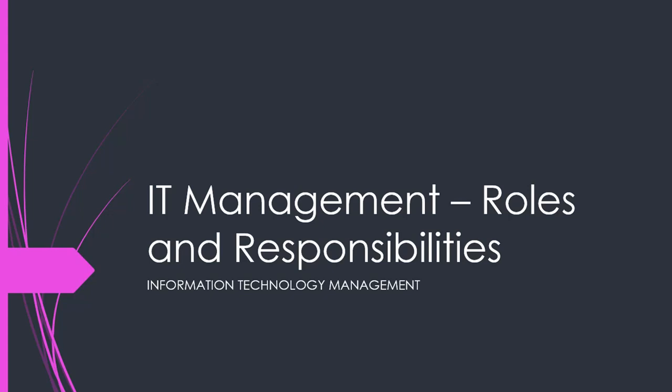So when we're looking at management, we've got various levels of management. We have the strategic level of management, where we have our chief information officers and our chief technology officers, who look at the strategic direction of the business. Then we have our middle level managers, which are usually our general managers, our heads of departments and the like, and those are usually responsible for the allocation of resources.